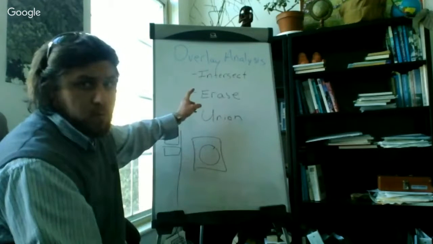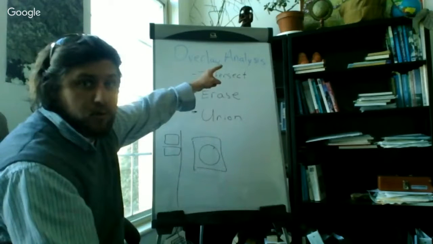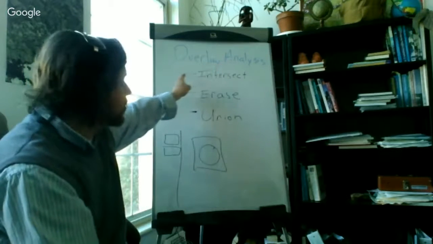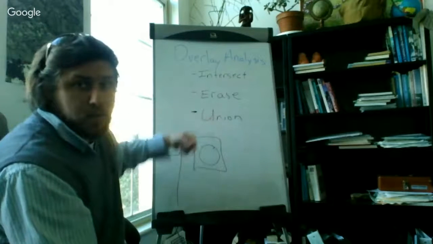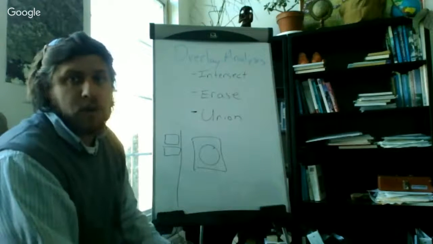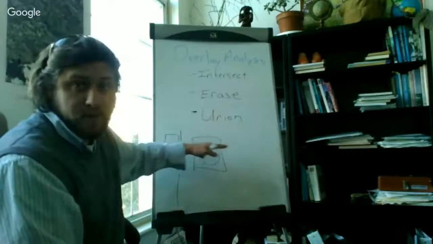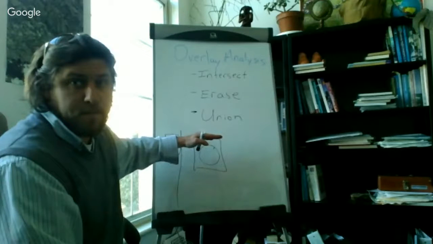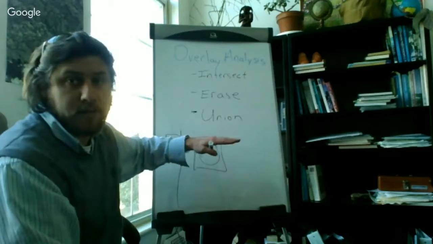And just to review, the 3 overlay operations most commonly used when we do simple overlay analysis are things like intersect, erase, and union. As we progress in the semester, we're going to get more and more complex, and we're going to talk about how to weight different types of layers so that variables or factors can contribute differently to a model.